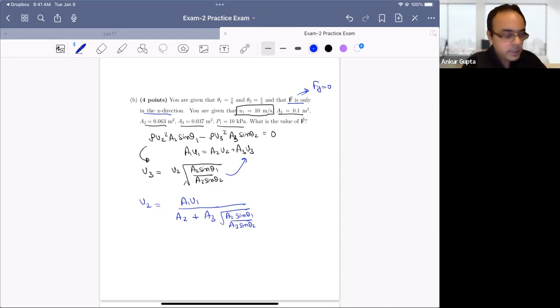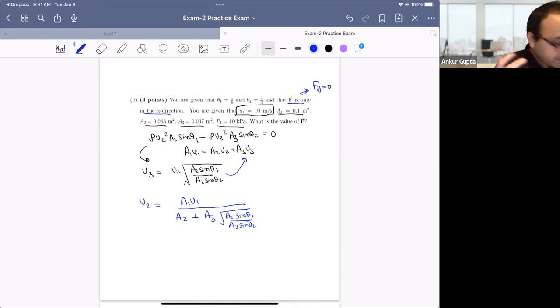So let's calculate U2, which is equal to U1 into A1 by A2 plus A3 into square root of A2 sine theta 1 by A3 sine theta 2. A2 is 0.063 into sine theta 1.